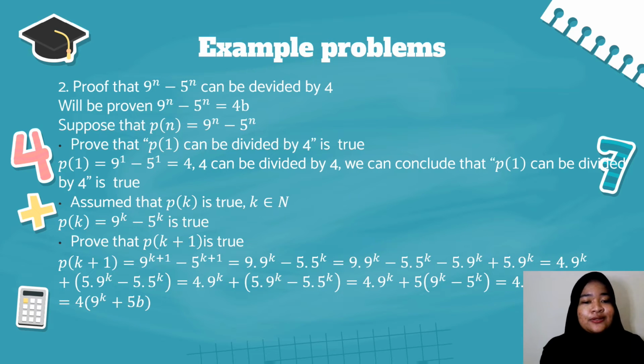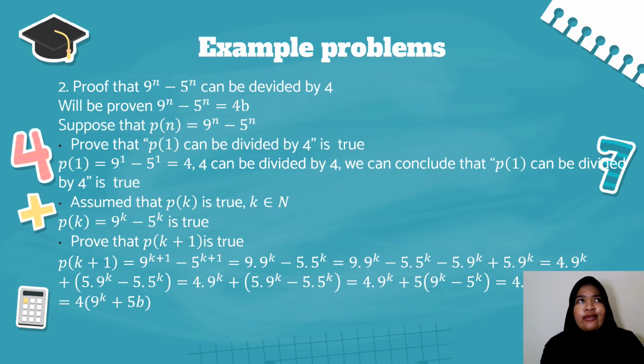We can substitute that k plus 1 into Pn. So Pk plus 1 is equal to 9 power k plus 1 minus 5 power k plus 1, which is equal to 9 times 9 power k minus 5 times 5 power k.